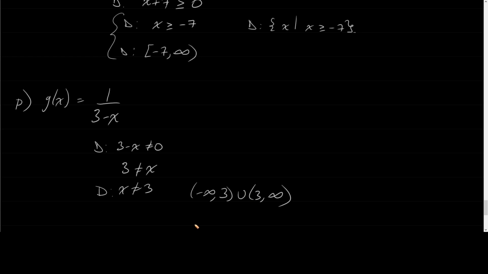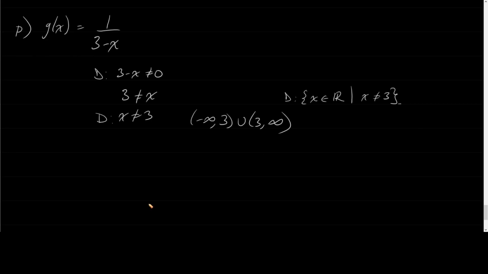In set builder notation, the domain is the set of all x such that x is not equal to 3. Really, what I should be saying here is the set of all x in the reals such that x is not equal to 3. But again, I'm not going to be too worried about that notation. I'm more worried about you getting this notation over here.